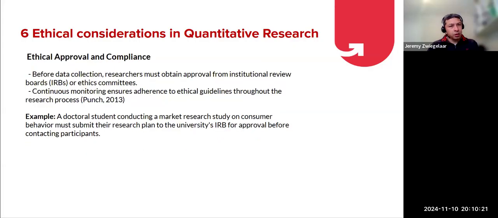Okay, you need to ensure that you are complying by gaining ethical approval. There are some forms that you will need to fill out, folks. I will come back to this again when we're talking about the data collection, but in terms of the data collection, you will need to apply and gain ethical approval.